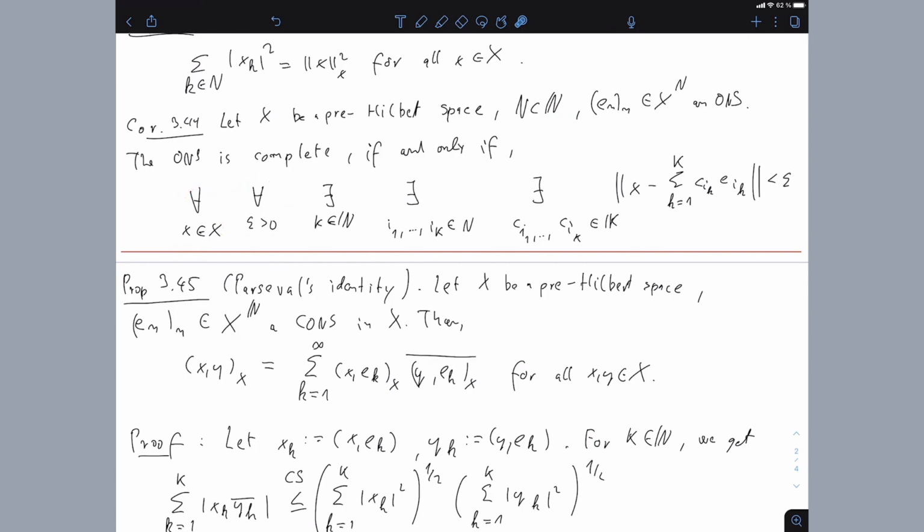Then we first approximate this L2 function with a continuous function, with error epsilon half, which we can do by the denseness of C in L2. And then we approximate this continuous function with the trigonometric polynomial with the Weierstrass approximation theorem. Because this is what Weierstrass says, that for any continuous function, you can find a trigonometric polynomial to get arbitrarily close to that continuous function. And these two steps combined, we get the desired approximation here.